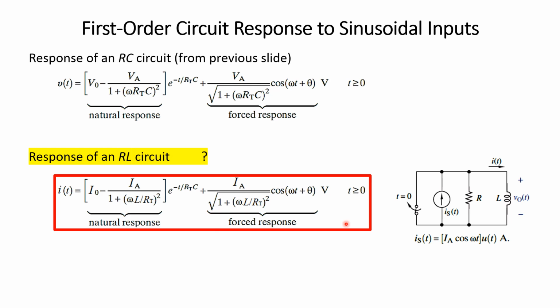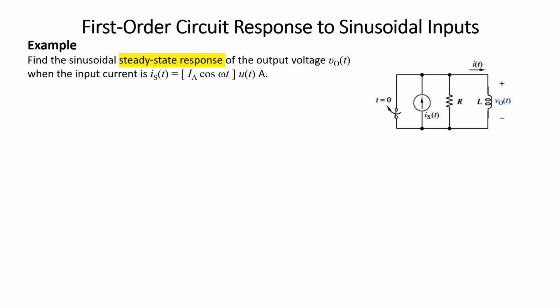I will advise you to go through all the steps which we have discussed for the RC circuit. For the RL circuit, the form of the differential equation is the same. The only difference is in the coefficients of the terms. You should be able to conclude this.